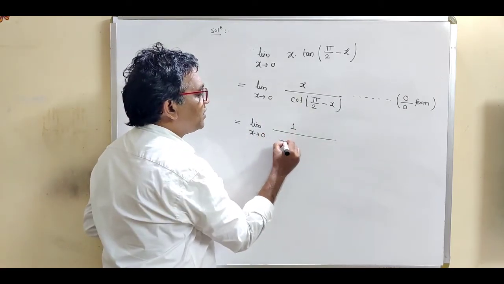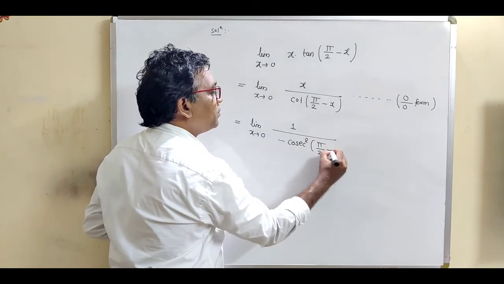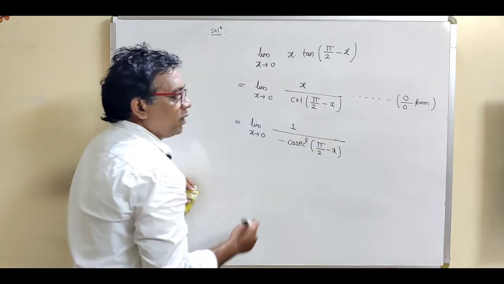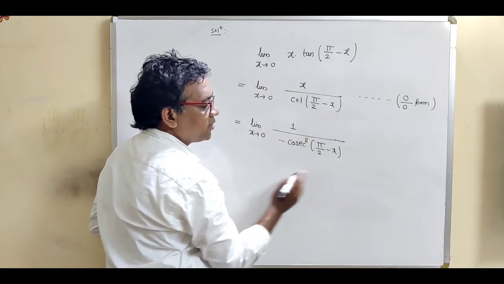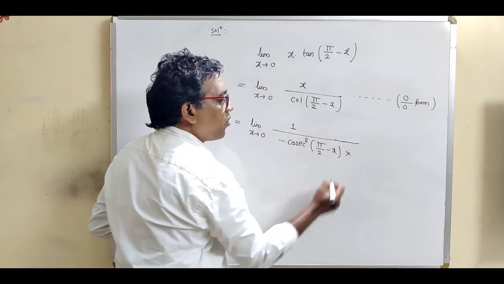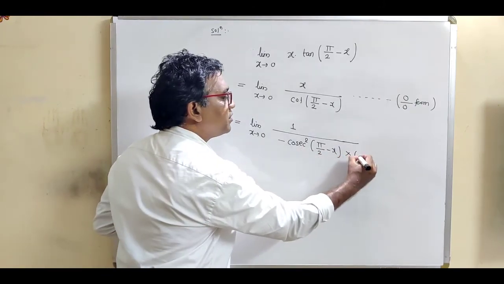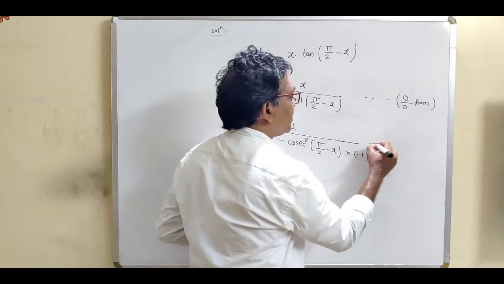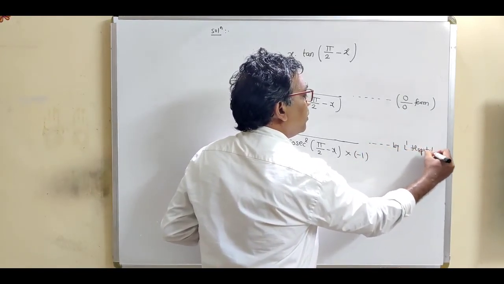Derivative of cot x it is minus cosec square pi by 2 minus x. Derivative of cot x it is given by minus cosec square x into, according to chain rule, multiply by this coefficient of x, which is minus 1. So just give the reason by L'Hopital rule.